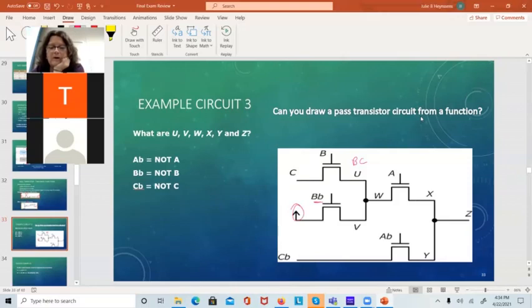B naught, B bar, ANDed with 1, so this is just B bar. I OR those together. I have B bar or BC. And if you remember Boolean logic or not, this actually reduces to B bar or C. I AND that with A.